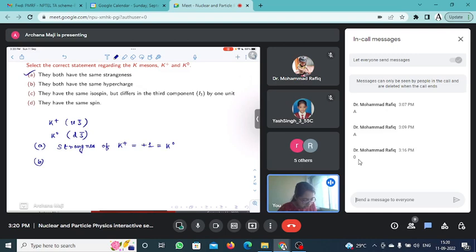What about hypercharge? What is the formula of hypercharge? Do you know? From the lectures? Strangeness plus baryon number. Y is equal to S plus B. Yeah, baryon number plus strangeness plus what else?